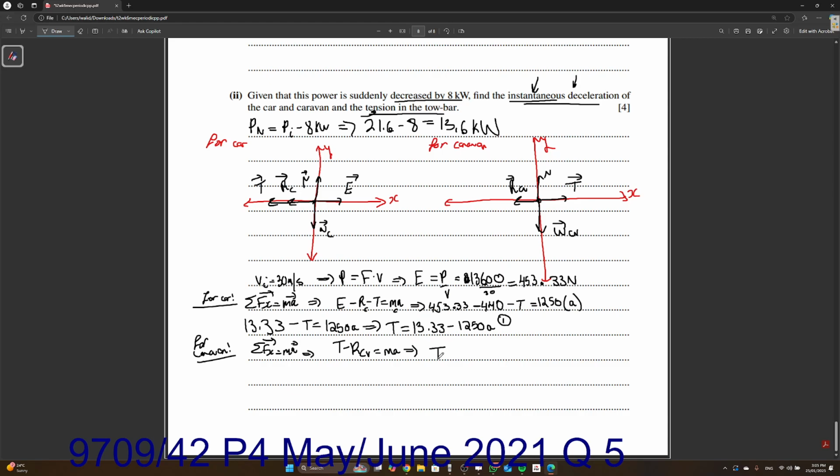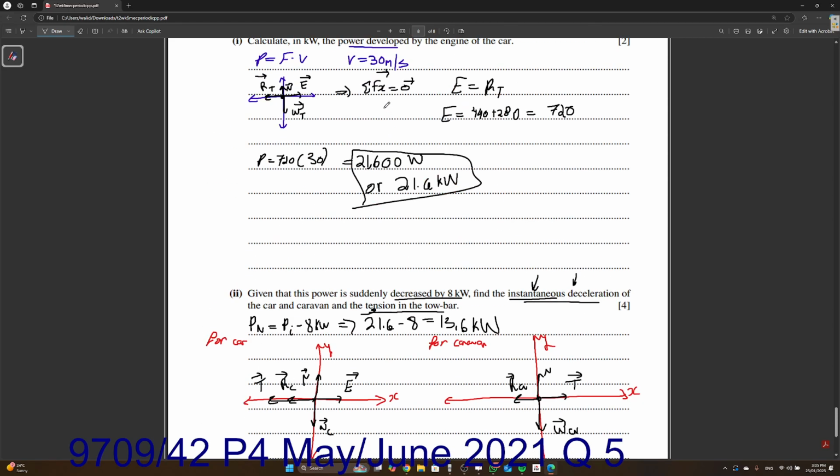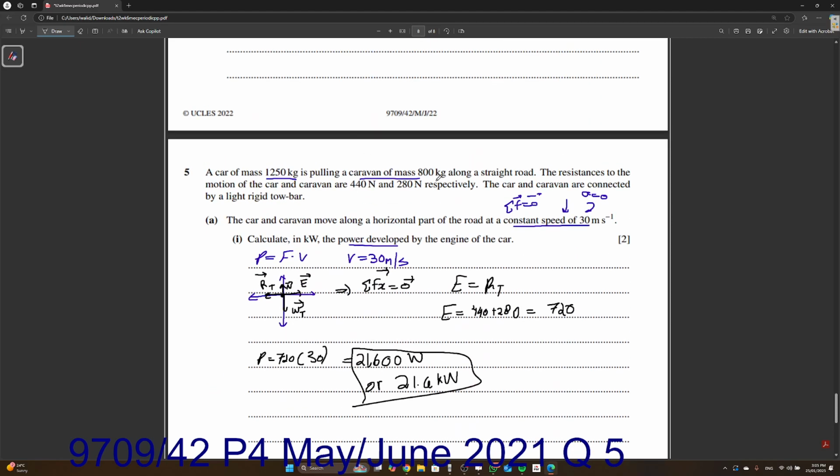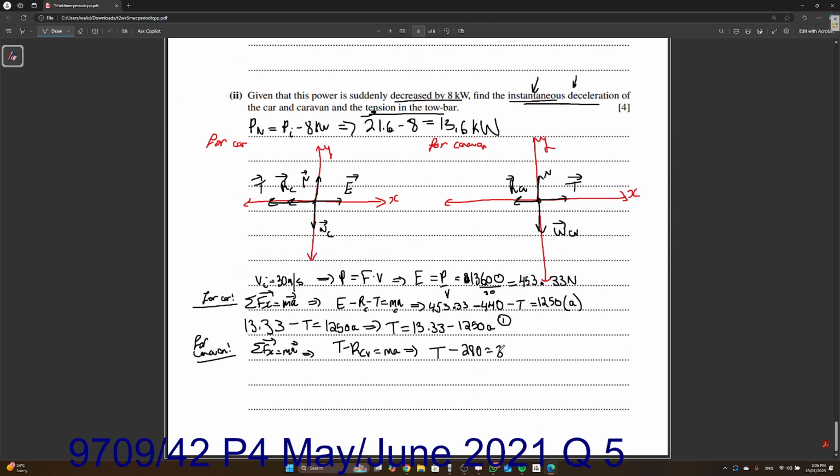So T minus, how much was the resistance of the caravan? 280, is equal to the mass of the caravan, which is 800A. So we can set T to be equal to 800A plus 280. This is the way I like solving. You can solve these two equations whatever way you like.